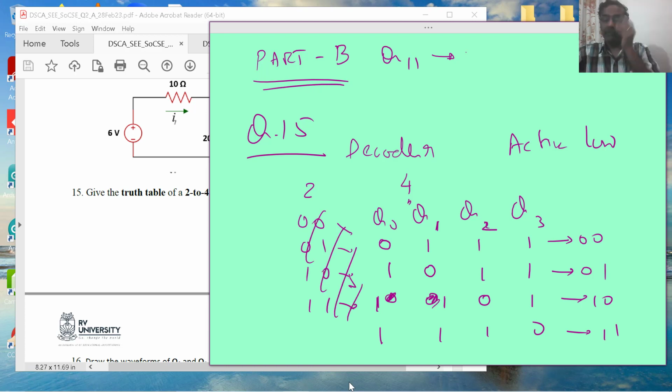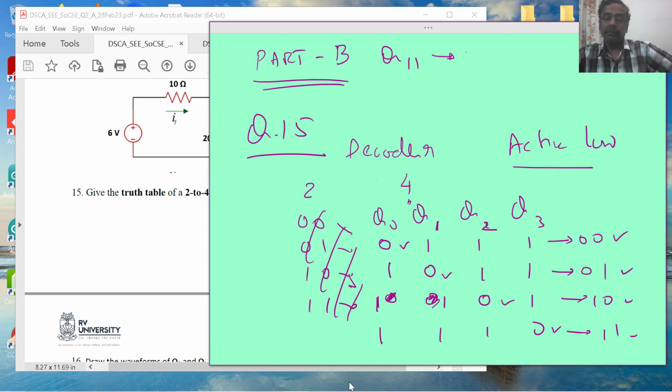Now what is happening is, this is an active low circuit, and for a 0 0 input, Q0 is selected, 0 1 is Q1 is selected, 1 0 is Q2 is selected, 1 1 means Q3 is selected. We get active low, I am making it a 0, then other things are all made 1s. Okay, that's what it indicates.